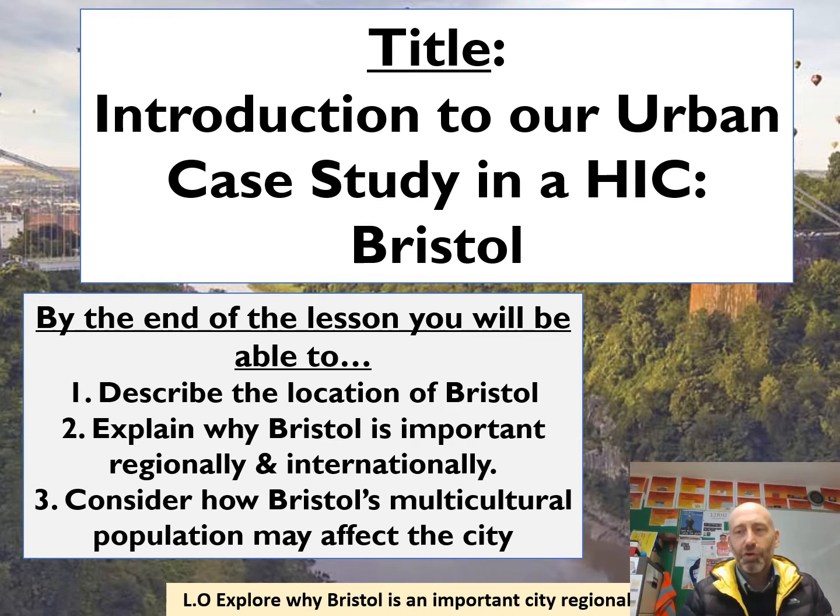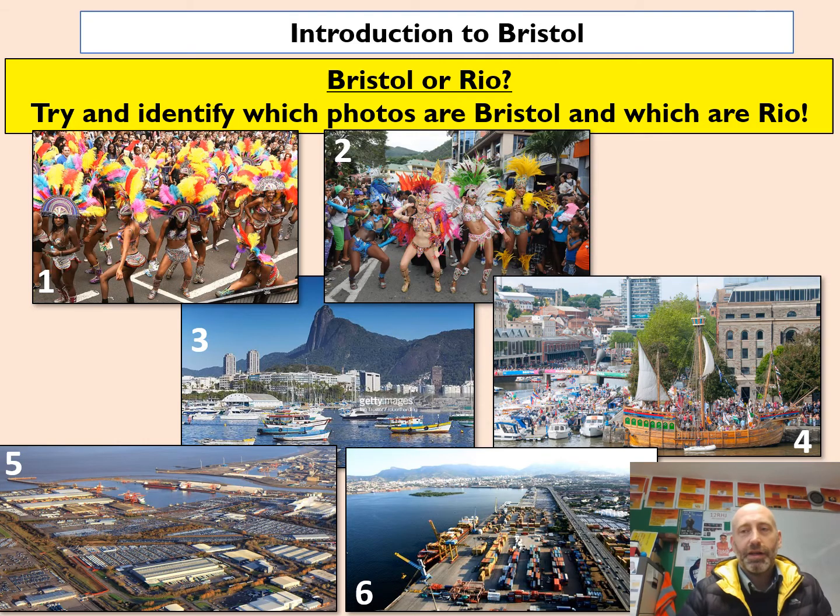So first of all, I want you to have a look at these photographs. Write down numbers 1, 2, 3, 4, 5, and 6. One picture of each pair is taken in Bristol and one in Rio, our previous case study.